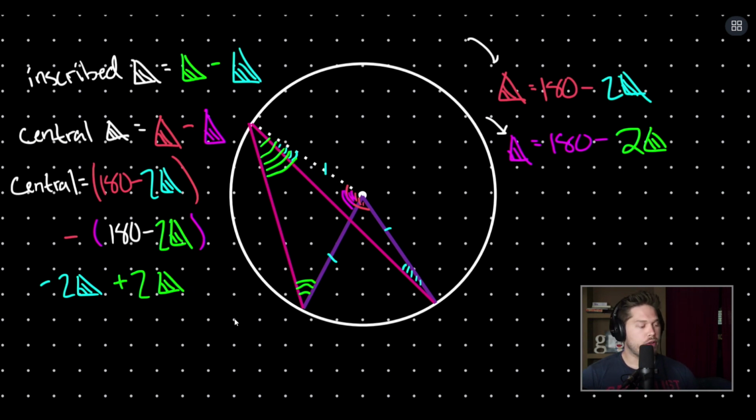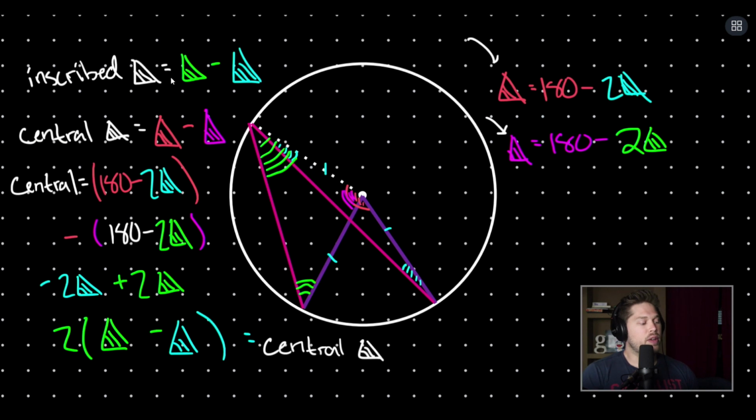Now I'm going to shuffle this around a tiny bit. I'm going to put the green in front and factor out a 2. And I'm left with 2 times my green angle minus my blue angle. And this is equivalent to my central angle.